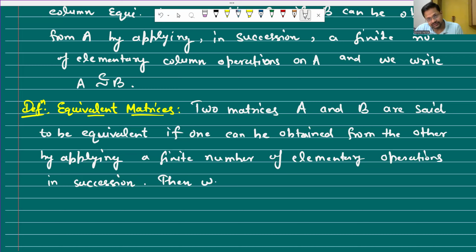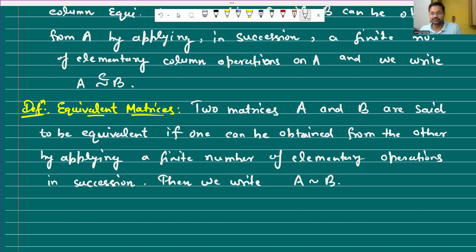Then we write it simply as equivalent. So if you are talking about equivalent matrices, then we are free to apply any of the row or column elementary operations. Okay.